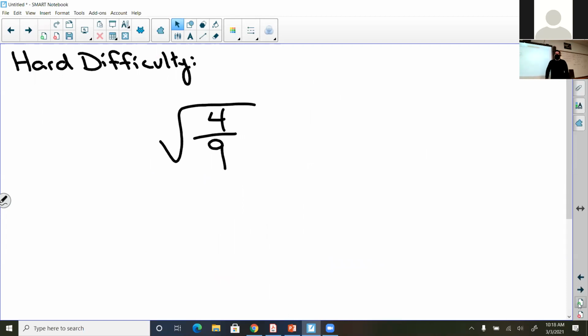The square root of 4/9, so a fraction. Now, I'm going to approach this problem the same way. I am not going to worry about what fraction times itself equals 4/9. I'm going to treat this as two different problems, the numerator problem and then the denominator problem. So this is the same thing as the square root of 4 divided by the square root of 9.